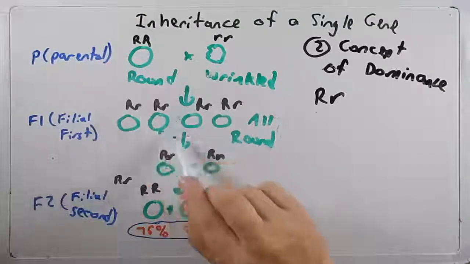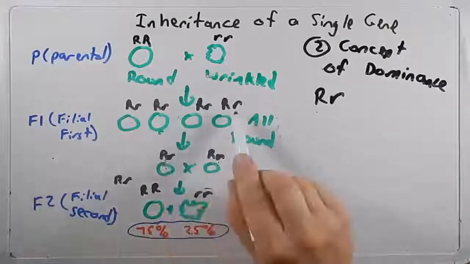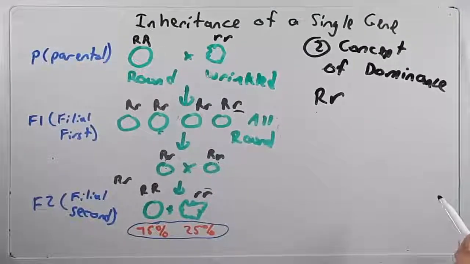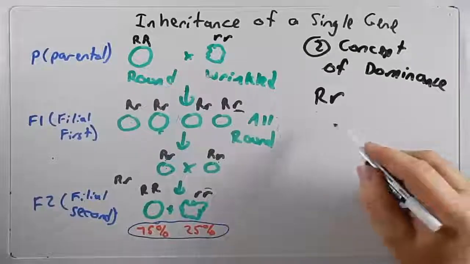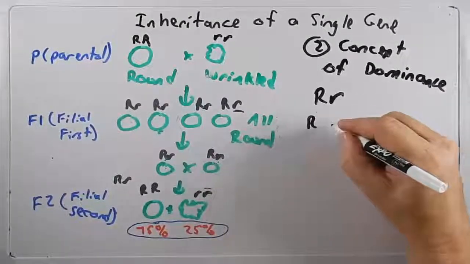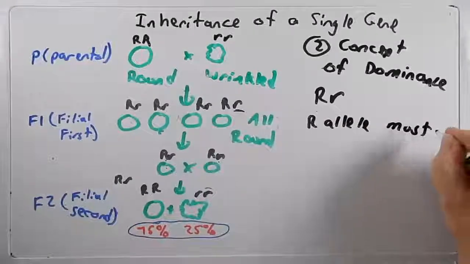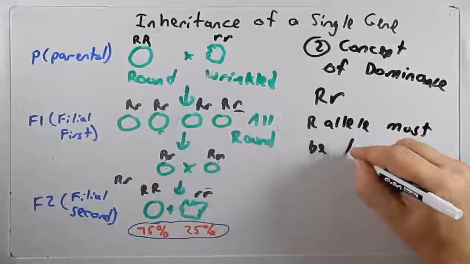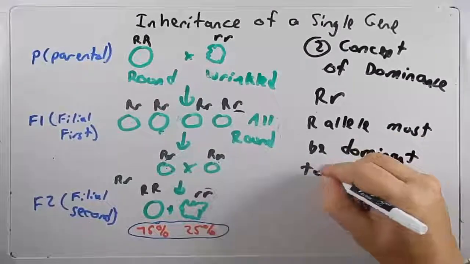However, when they're together, you only get the round, and the little r is masked. It's hidden, so to speak. Its phenotype is hidden. And the only way that could be explained, Mendel believed, was that the big R allele must exert some kind of dominance. So R must be dominant to little r.